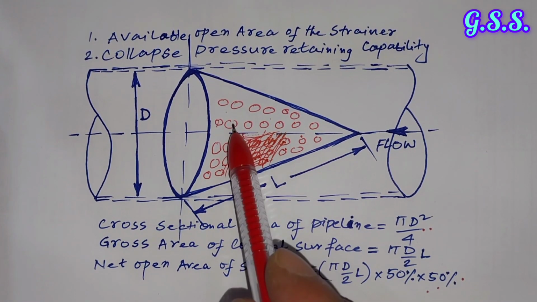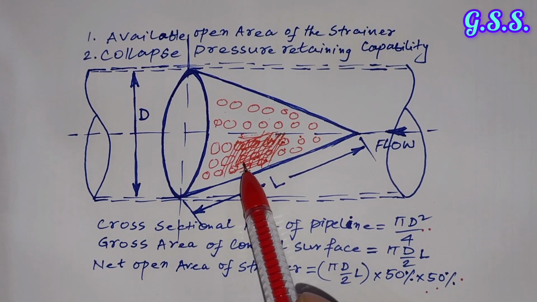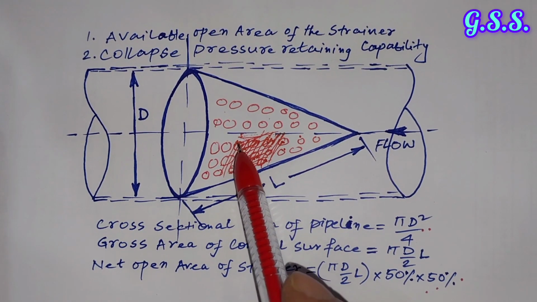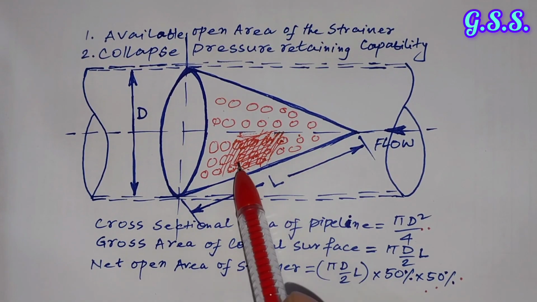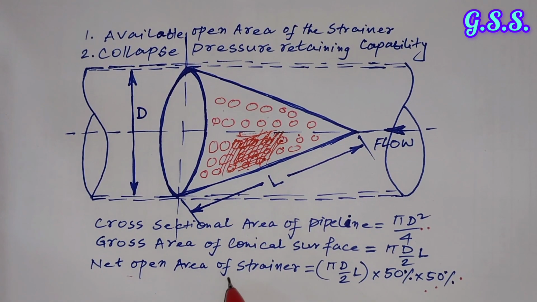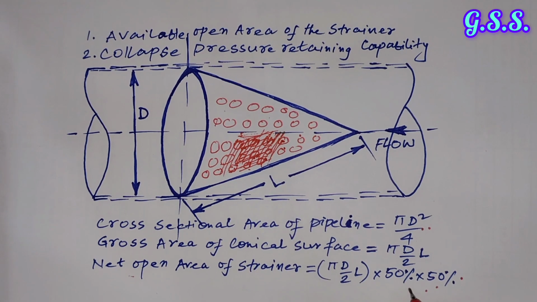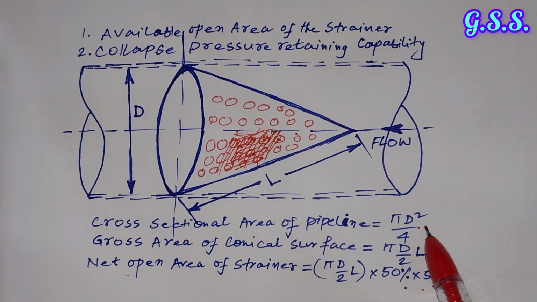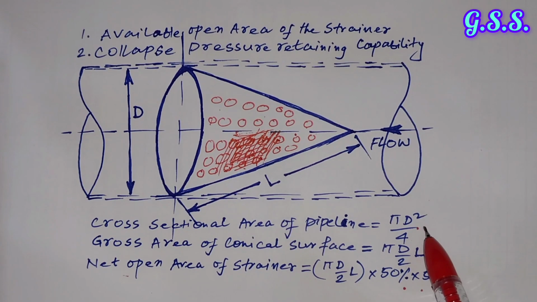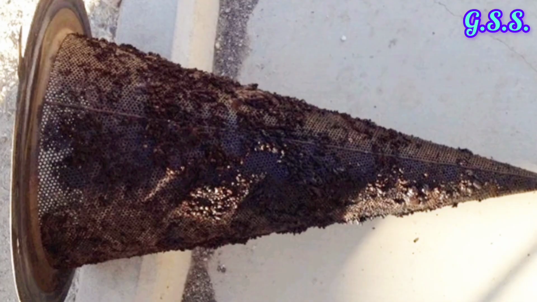Some clogging will always be there, so it is assumed that 50% clogging will be there. That's why the net open area of the strainer should be minimum 2 times the pipe cross-sectional area. This is a picture of a strainer in 50% clogged condition.